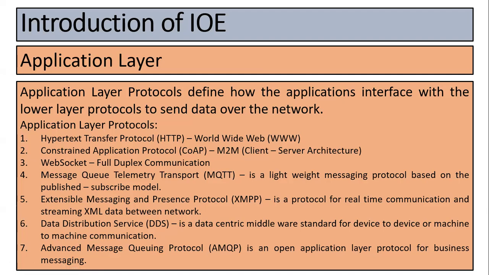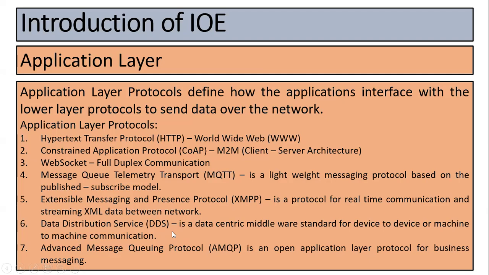Then next, Message Queue Telemetry Transport protocol, MQTT, which is a lightweight message protocol based on the publish subscribe model. We will see the publish subscribe model in the further slide. Then next is Extensible Messaging and Presence Protocol, which is used for real-time communication and streaming XML data between the network.